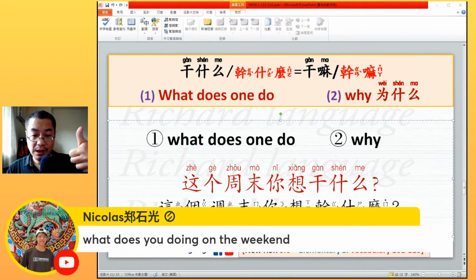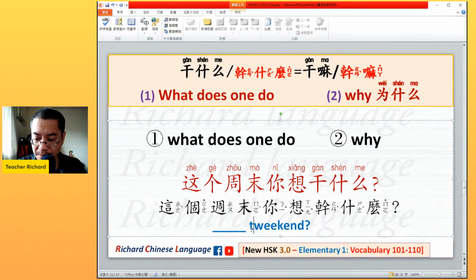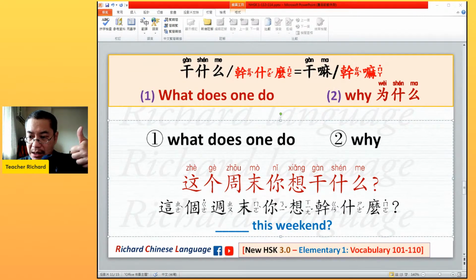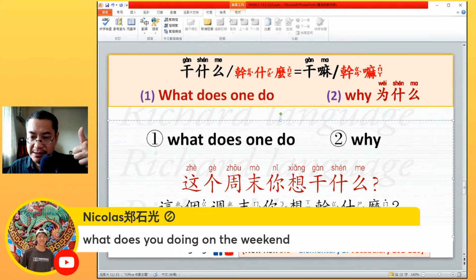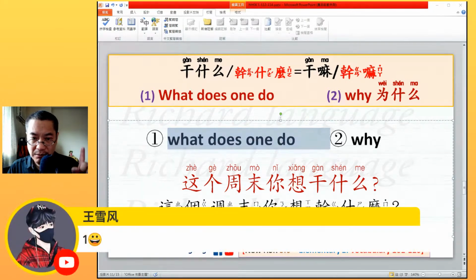Yeah, very good, 时光. What are you going to do? Okay, what are you going to do on the weekend? Very good. I should say this weekend. Okay, what are you going to do this weekend? Very good, 时光. The answer is, what does one do? Okay. 雪峰, what does one do?